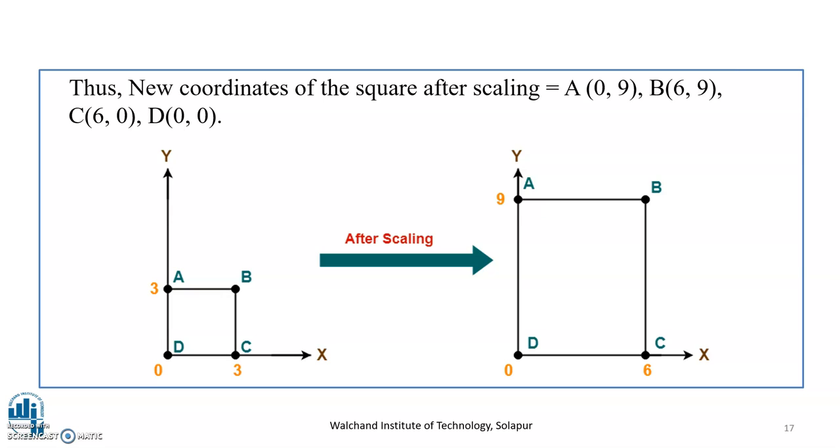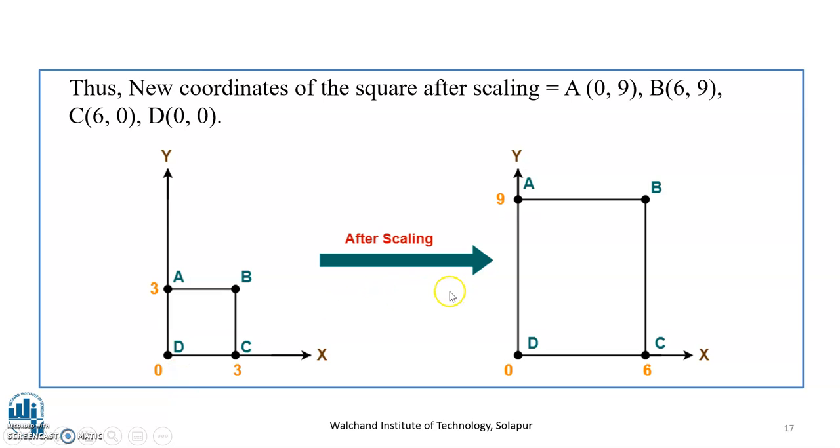Now we see that the new coordinates of the square after scaling are A(0, 9), B(6, 9), C(6, 0) and D(0, 0). You can see in the given diagram over here, this was the original square.